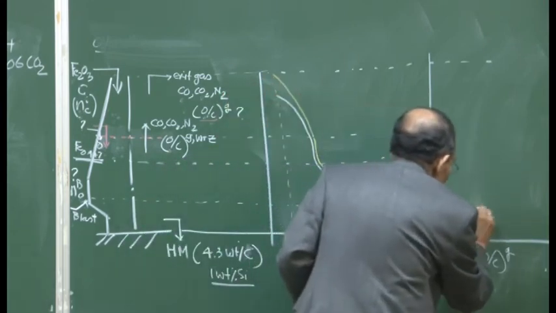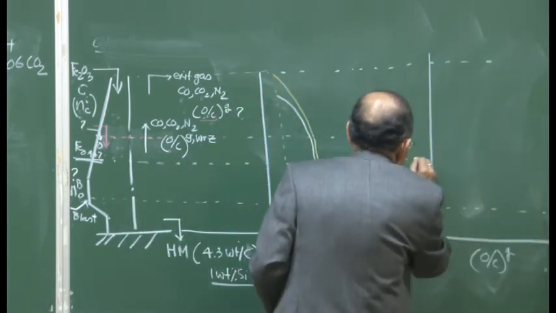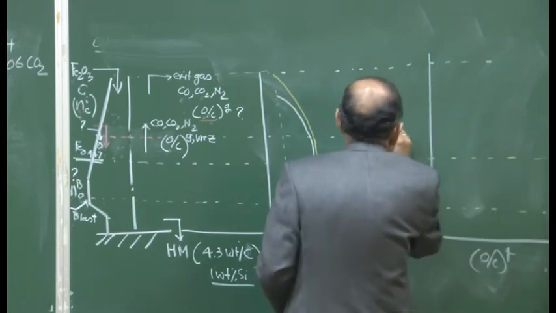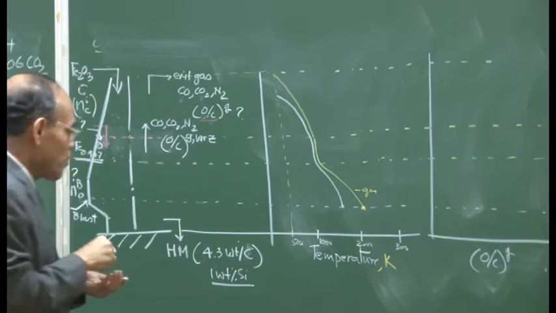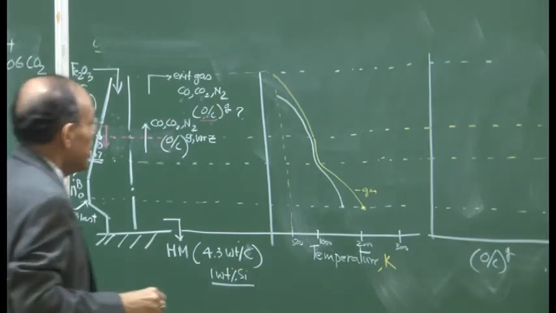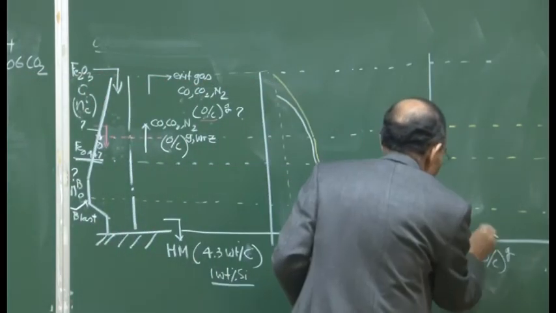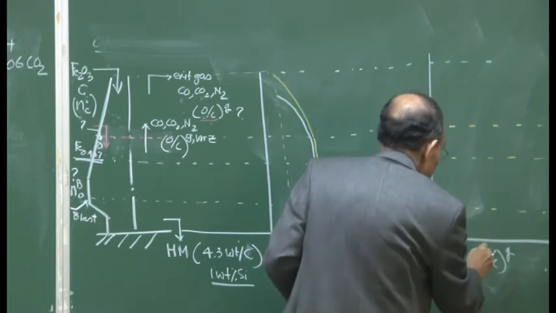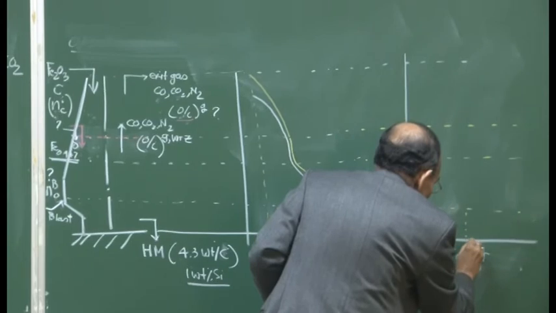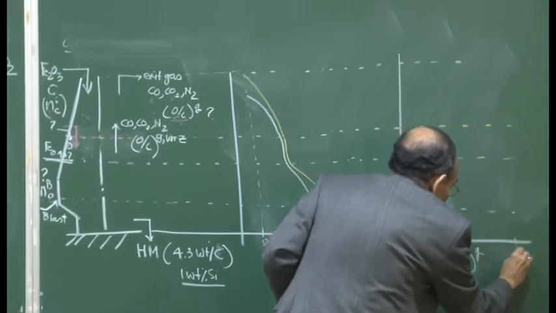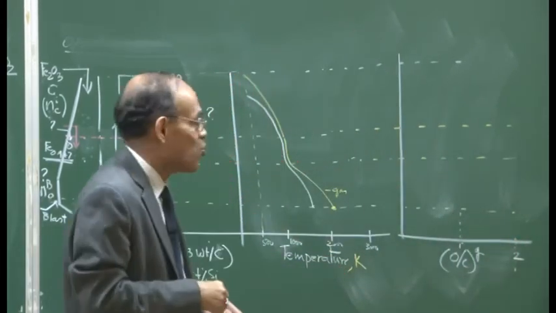Similarly, if you plot the O by C ratio, this is a very interesting point of large industrial blast furnace operation. Here, the O by C at this part I will say is 1, and O by C is equal to 2, because that is what the O by C is going to be varying.